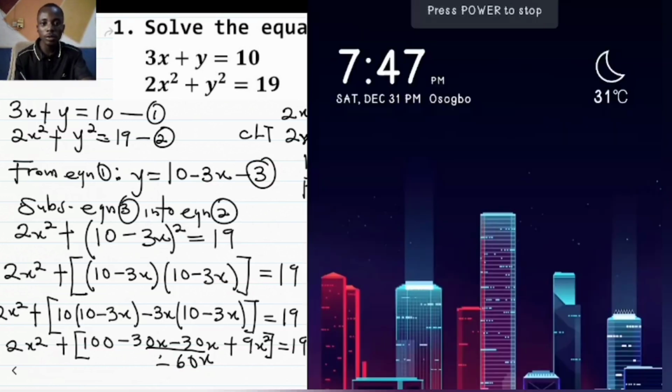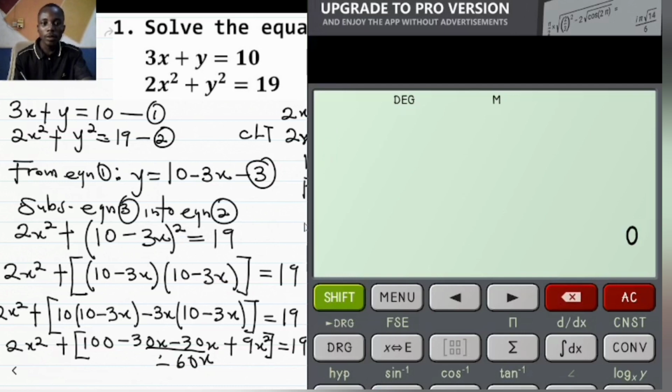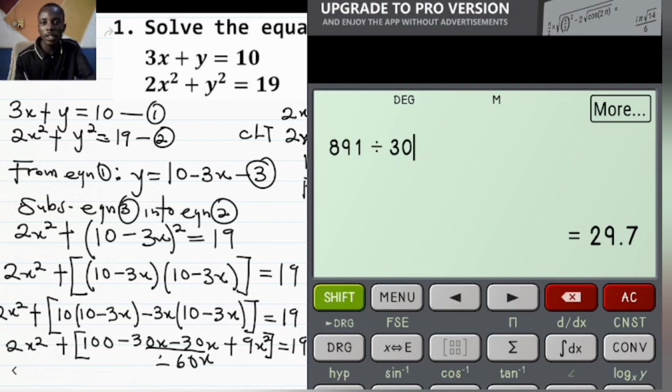Okay, so I have 891 divided by 2. That will not work, 891 is not an even number. I can try 3. When I try 3, I will have 297. It will still not work.